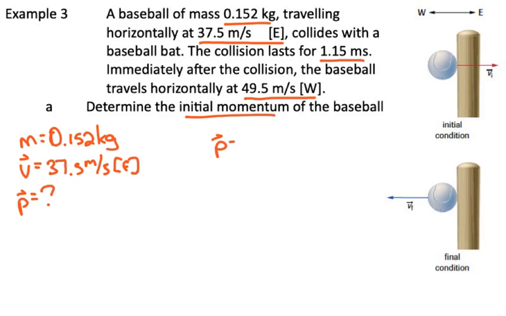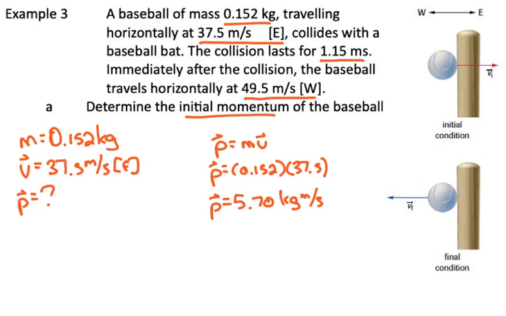Same equation as we have been using: P equals mv. Substitute in mass 0.152 kg, v 37.5 meters per second. Multiply that out, going to 3 sig figs, we get 5.70, and the unit for momentum, kilogram meters per second. It is a vector, so when we have a direction to attach, we need to do that. This would be east.